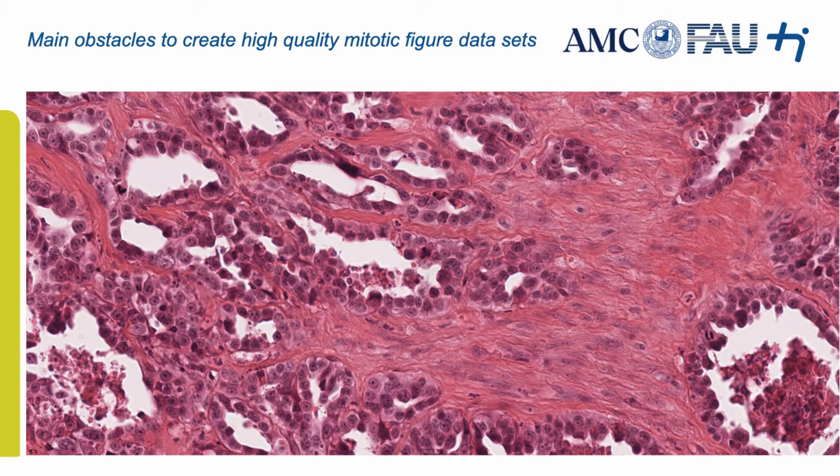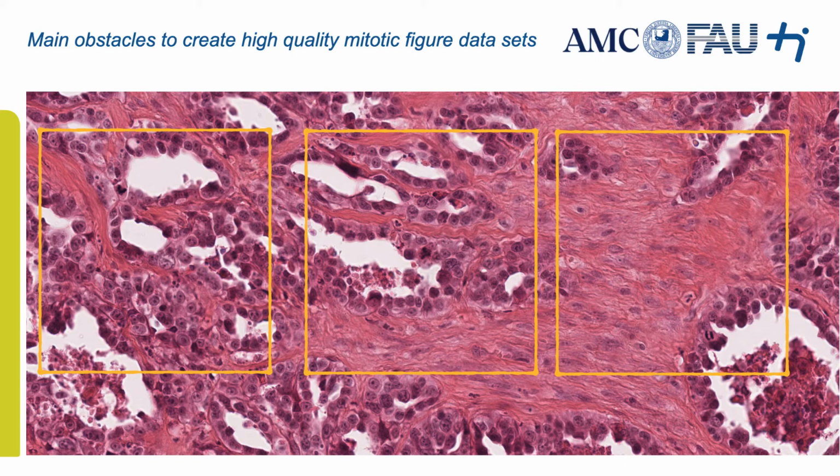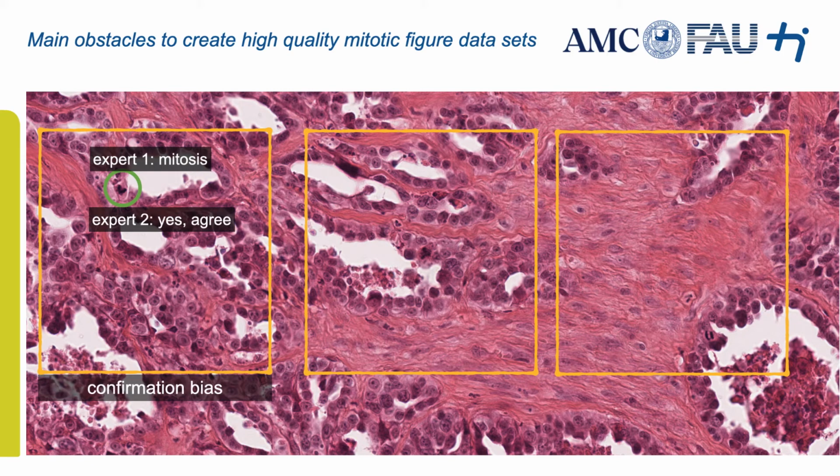In this image, I want to show you what the main obstacles are towards creating a high-quality mitotic figure dataset. First off, let us assume that a first expert is looking at the slide and annotating objects that he perceives are mitotic figures. If we then ask a secondary expert, well, do you agree with that annotation? Then we get a confirmation bias, which is what we don't want to have.